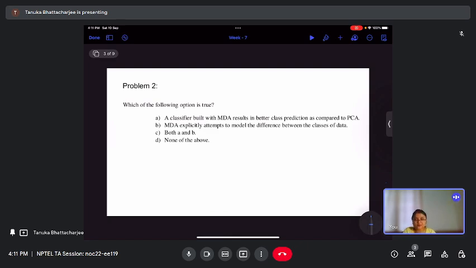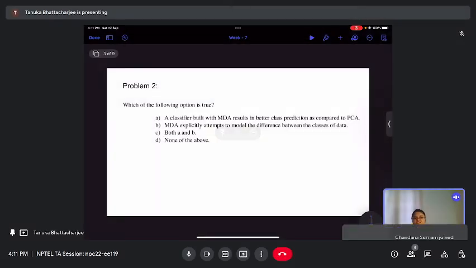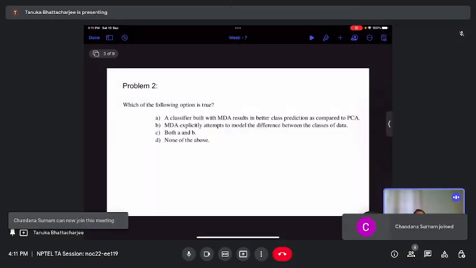So, the class separability or the class information is much more involved in the MDA analysis. You are intentionally trying to put the two classes far apart in case of MDA, whereas in PCA you do not have any such requirement.